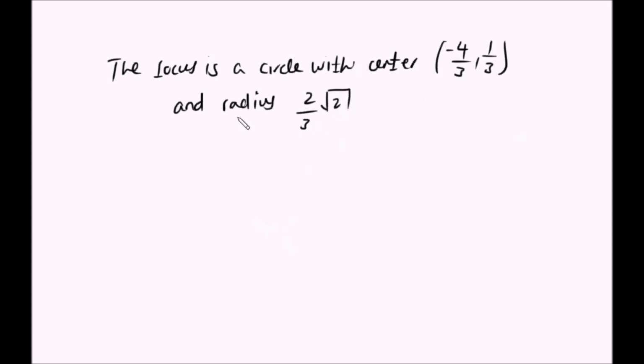So this is the locus. It's given by this equation here: x squared plus y squared plus 8 over 3x minus 2 over 3y plus 1 is equal to 0.